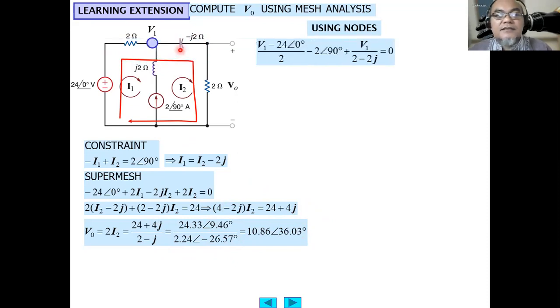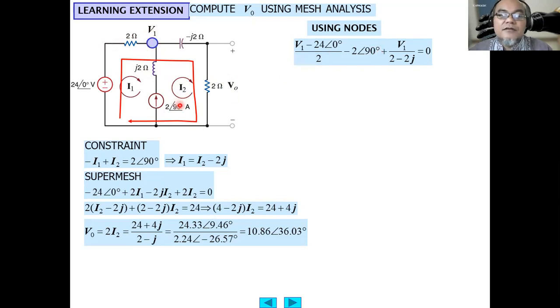Okay, if we use node analysis, here V1 minus 24 divided by 2 is the current flowing through here, minus 2 ampere with a phase angle of 90 degrees, since this current is flowing into the node, plus V1 minus V output, divided by 2 ohm minus 2J, equals V1 minus 0. Then V output is given by the voltage division formula, 2 divided by 2 minus 2J times V1.